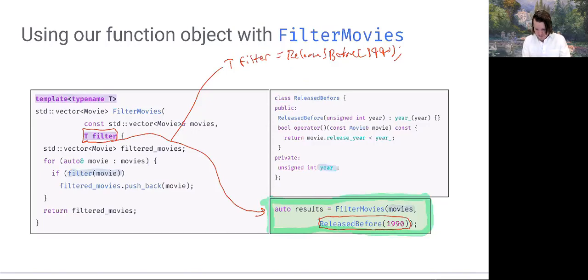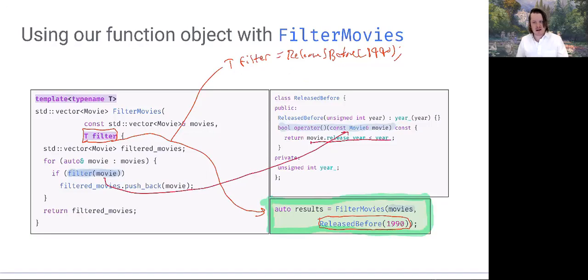Now here, this call, so filter movie is invoking this operator, and the movie passed to it will be used to initialize the movie parameter. And then under consideration is whether or not that movie has a release date less than the value stored within the year data member.